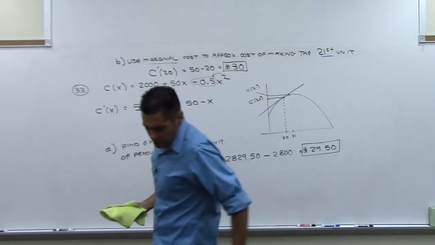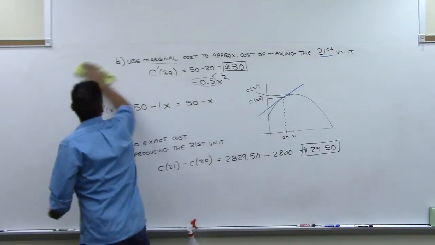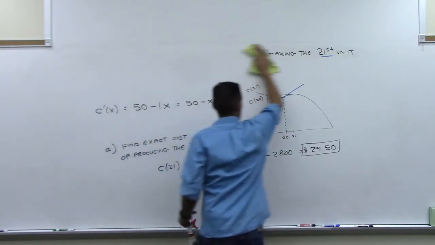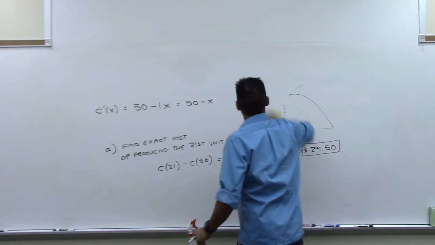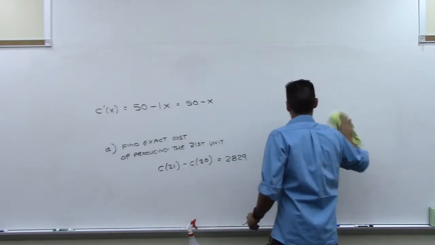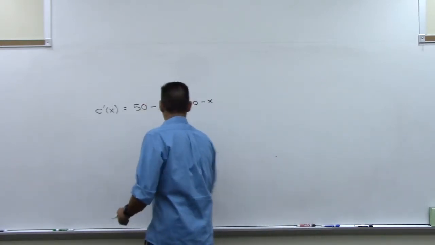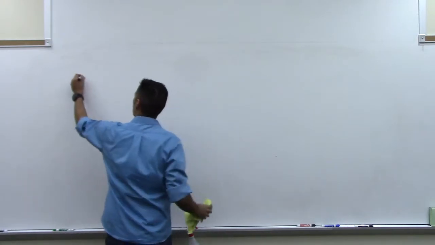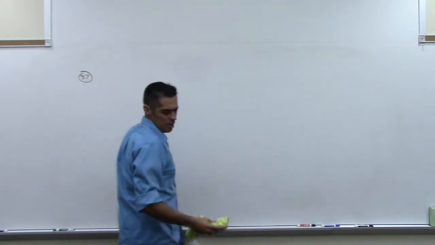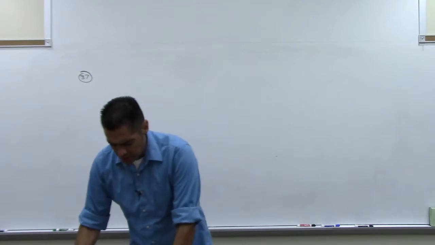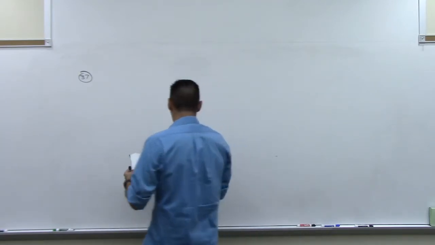All right, let's look at number 37. So for number 37, this time instead of a cost function, we have a profit function.